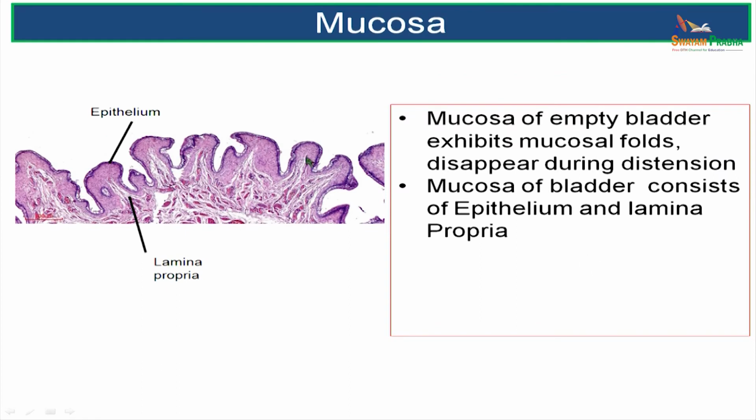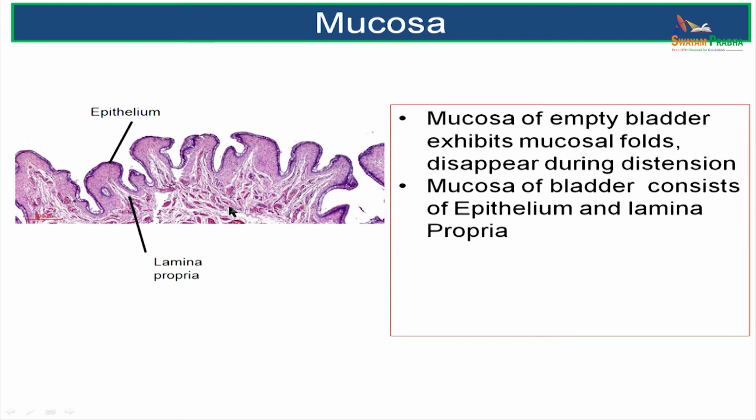Now, we will take up the mucosa of the urinary bladder. As we have already learnt, mucosa consists of epithelium and lamina propria. The epithelium is transitional epithelium.